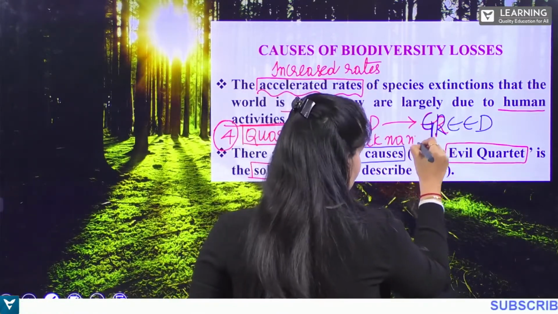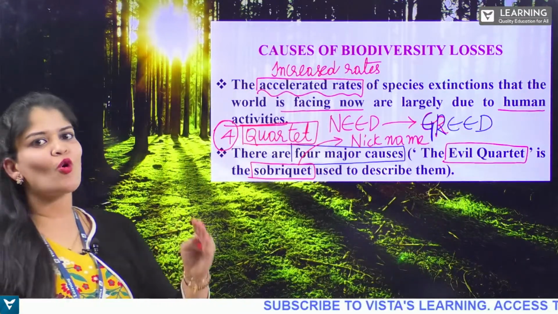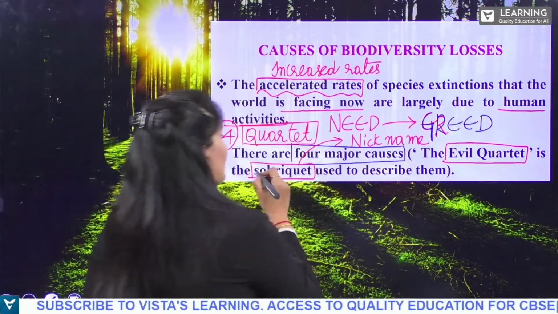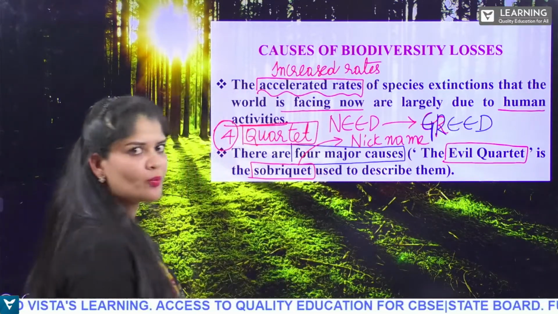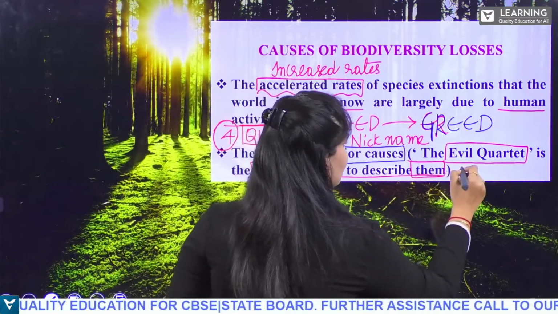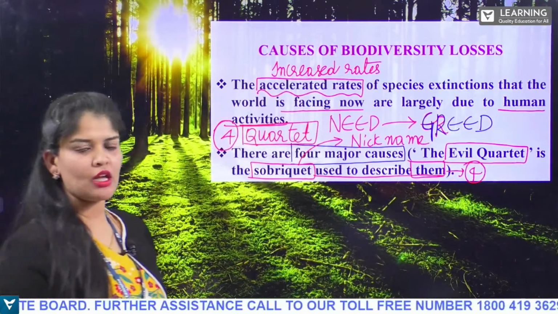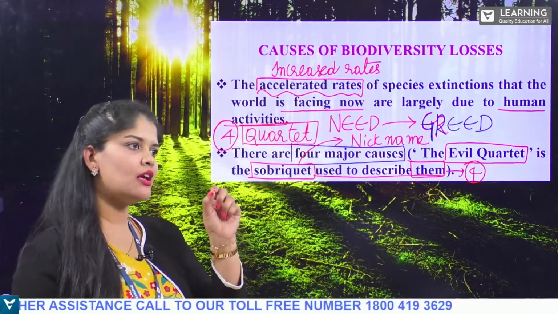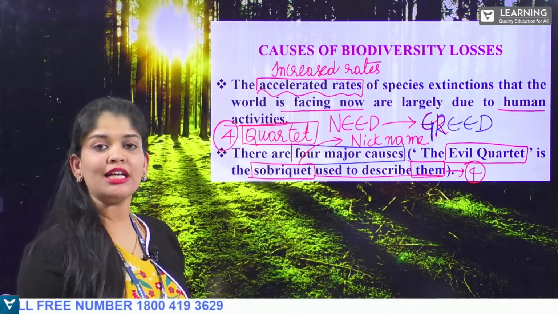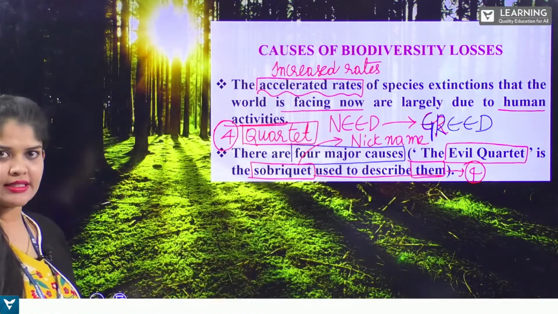What is the nickname here? Evil quartet is a nickname for the four major reasons, four major causes, and this sobriquet is used to describe them. For these four major causes, they have given a small nickname, a familiar name, and that is nothing but your evil quartet. Let's discuss these four reasons.